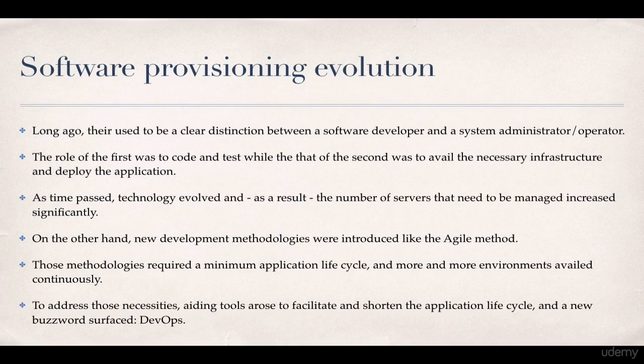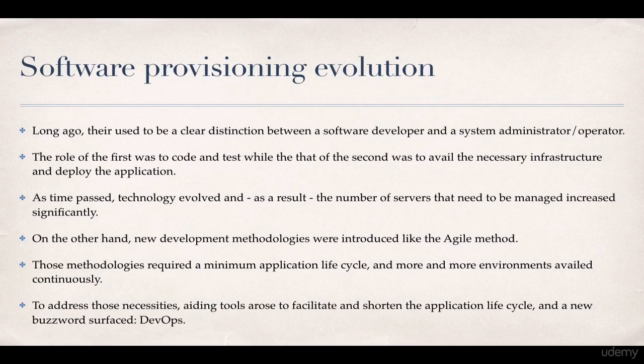Long ago, there used to be a clear distinction between a software developer and a system administrator or an operator. The role of the software developer was just to test the code that the developer has written, while the role of the second was to avail the necessary infrastructure and deploy the application.